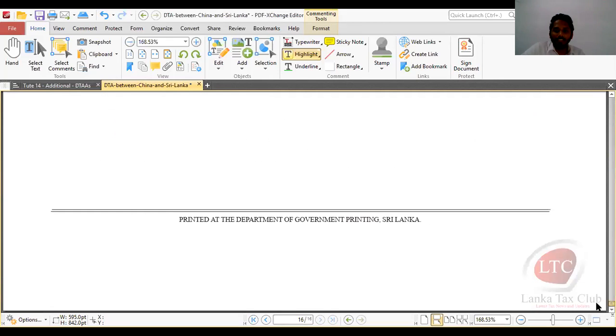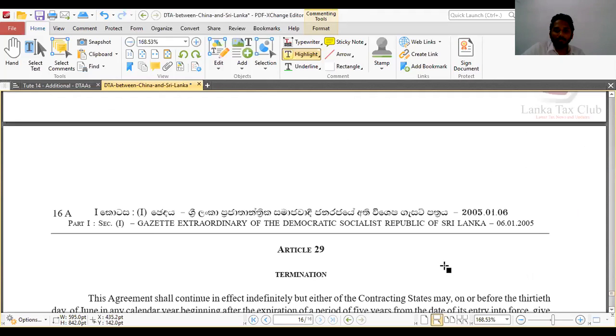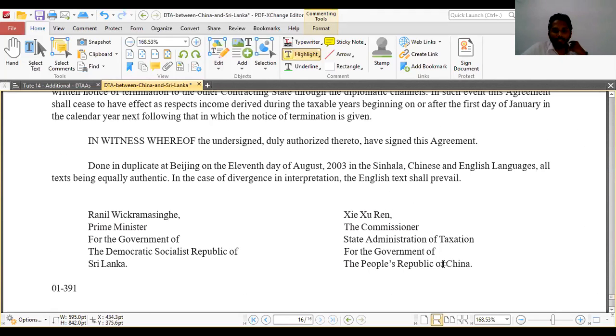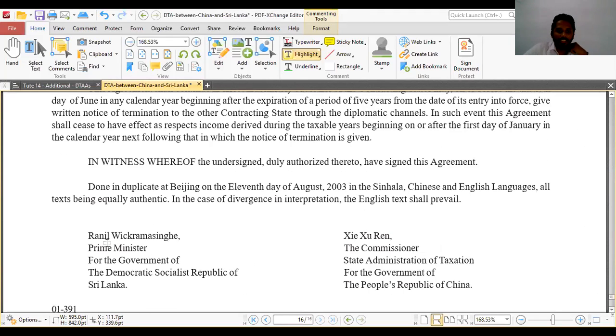Basically, the competent authority is the person we can see in this agreement: the Minister of Finance, and in China, the Commissioner of the State Administration of Taxation.